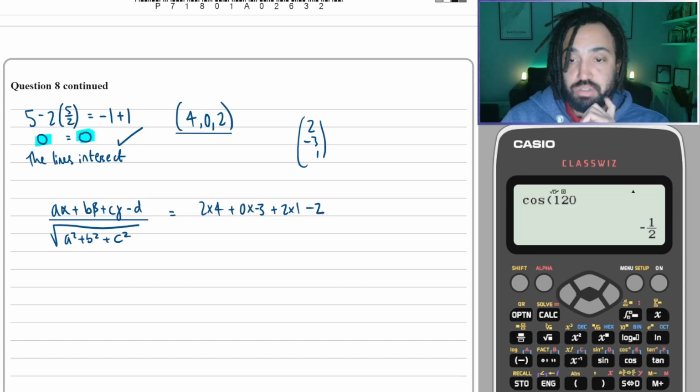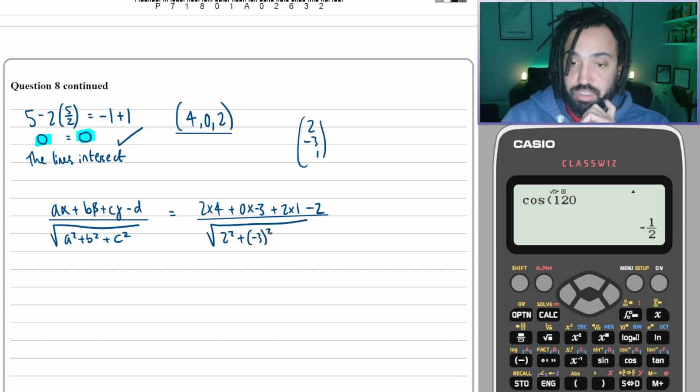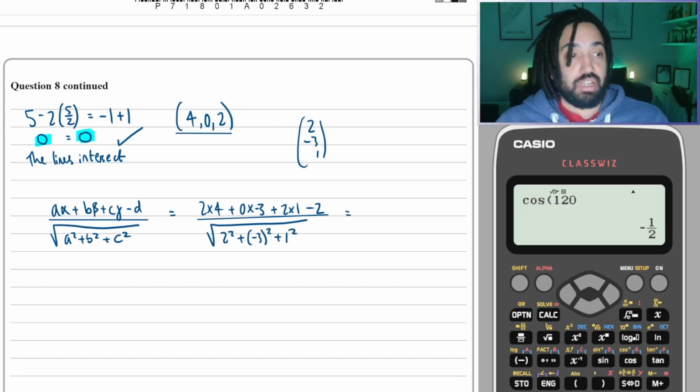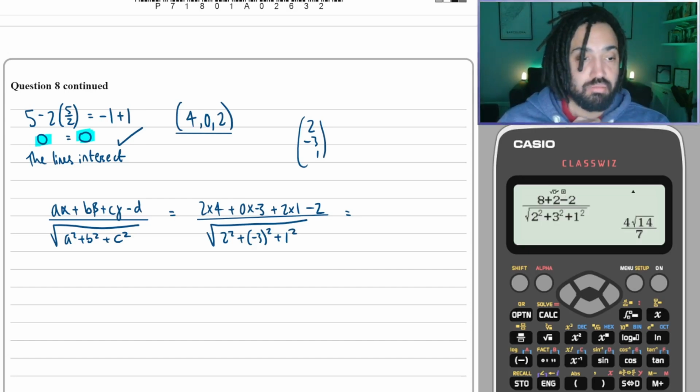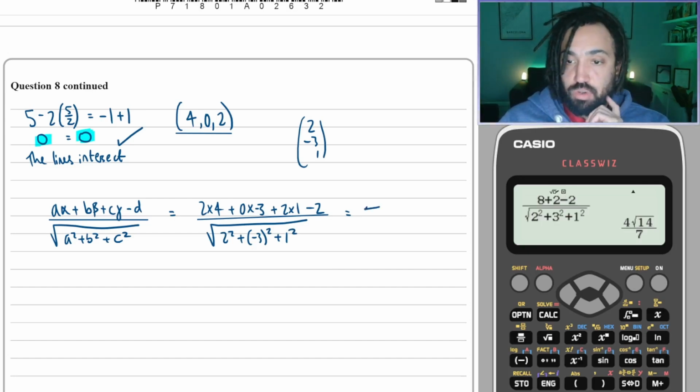And then minus the constant, which was 2. And that's all over the square root of 2 squared plus minus 3 squared plus 1 squared. Okay, lovely. So I'll pop that in my calculator and see what we get. Okay, so we get 4 root 14 over 7.